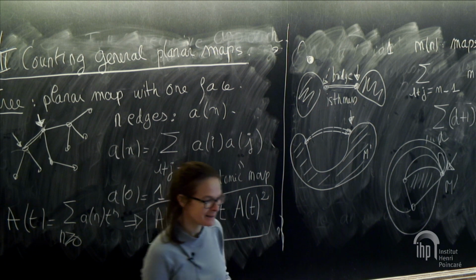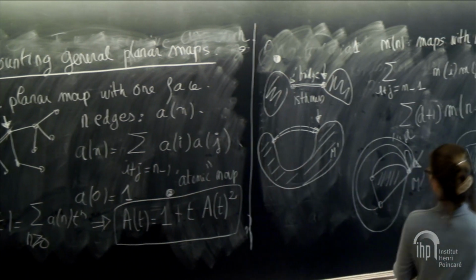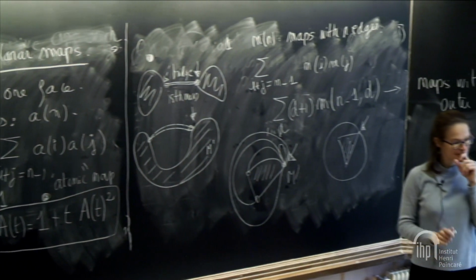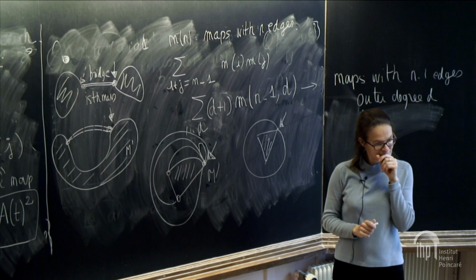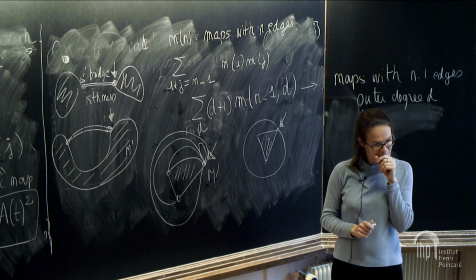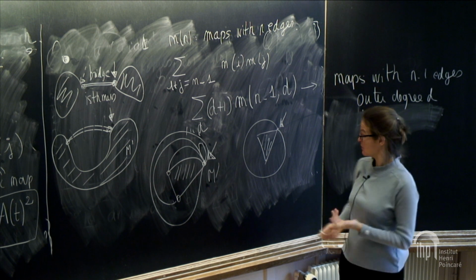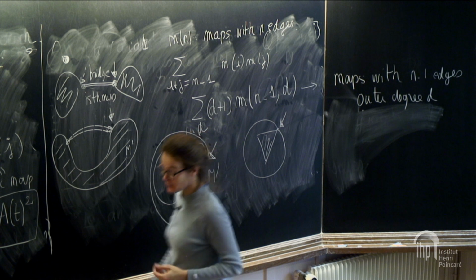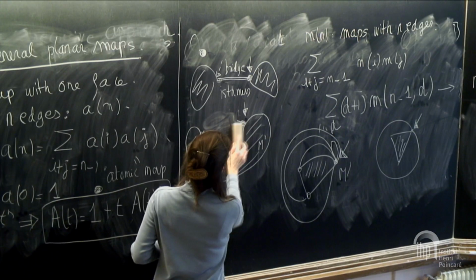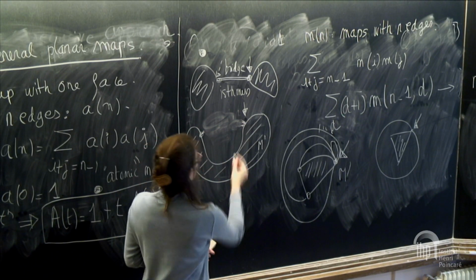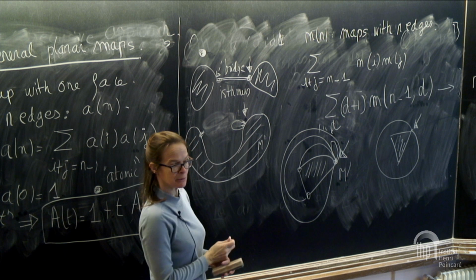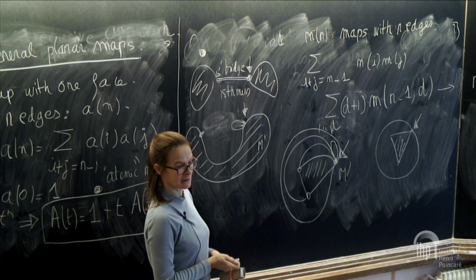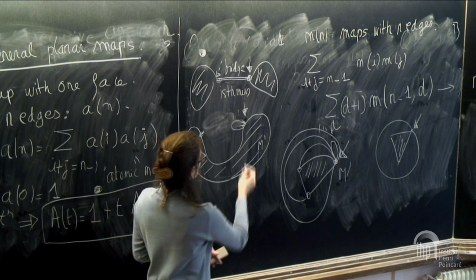Question about the picture here, how we counted the ways to add the root edge. It seems the way we've drawn it, it changes the outer degree. Yes, it does. So for instance, if I start from this M prime and add just a little loop, what's the new outer degree? D+1.